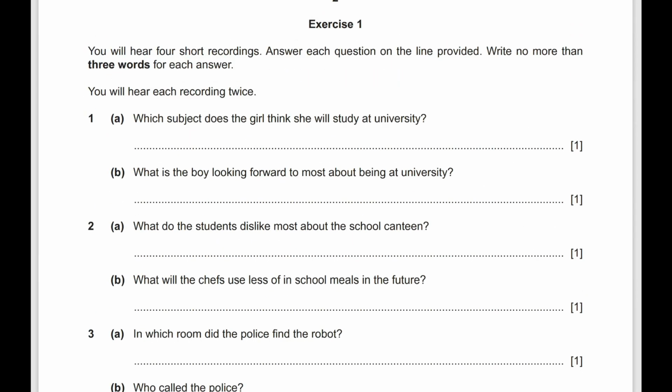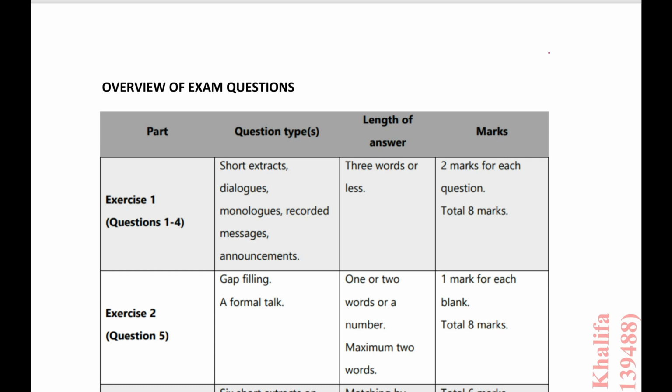And let us see here the parts of the exam and the question types. As you can see here, we have got exercise number 1, questions 1 to 4. We have got short extracts, dialogues, monologues, speeches by one person, recorded messages, and announcements.